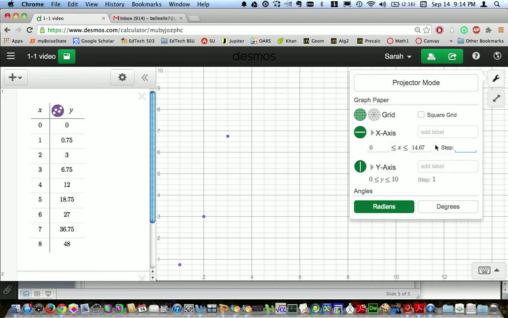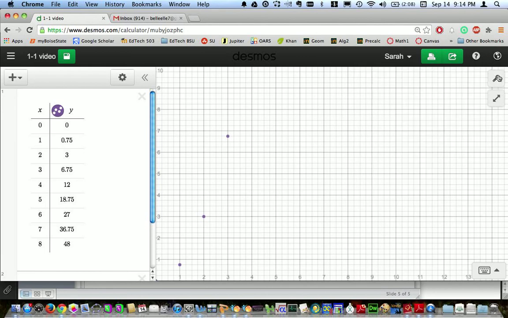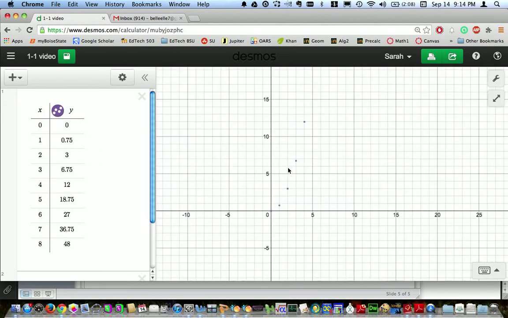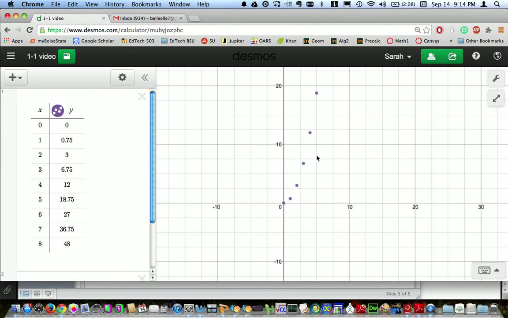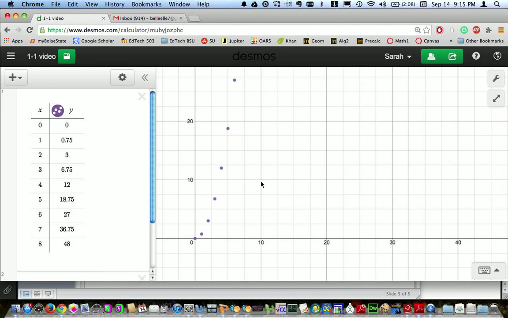And I want to change this back to 1. It doesn't matter, whatever makes it easier for you to see the points. If you do change the way that the y and the x-axis are going, like if you make this one go by 5s and this one by 10s, then it doesn't quite work out. Okay, well, I'm going to zoom out until I see all my points. Again, I don't really need to see the negative, so I'm just going to move it over.